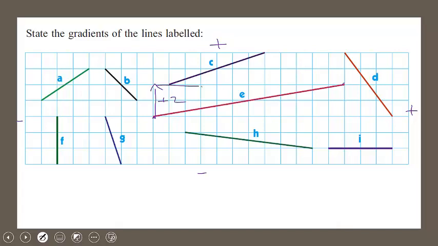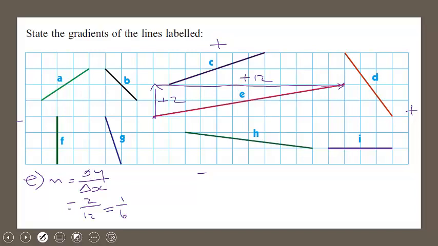And I go 1, 2, 3, 4, 5, 6, 7, 8, 9, 10, 11, 12 to the right, plus 12. So for E, m is change in y over change in x, which is plus 2 over plus 12, which equals 1 over 6. M is 1 over 6.